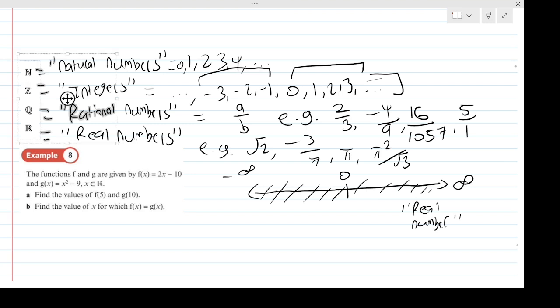In the same way, Q, which is the rational numbers, includes all of the other two, the natural numbers and the integers. Because a over b, say for example we've got -3, which is an integer, we could have -3 over 1. So it includes everything before it as well.